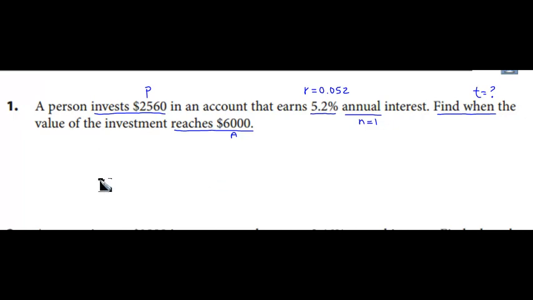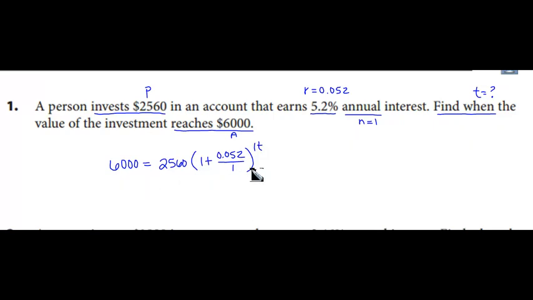Let's set the problem up. We're going to use logarithms in order to solve the problem today, but you could use your calculator to do this also. $6,000 is equal to 2,560 times 1 plus the rate divided by N, raised to the N times T power.